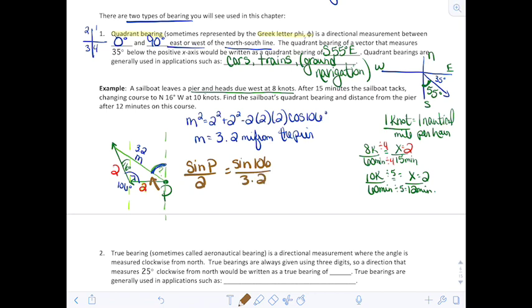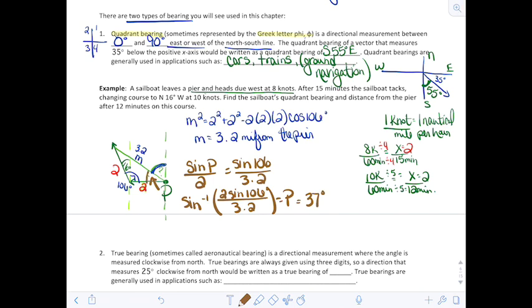And so as I solve for angle P, I get that the sine inverse of 2 times the sine of 106 degrees, all divided by 3.2, is equal to angle P, and that is 37 degrees.